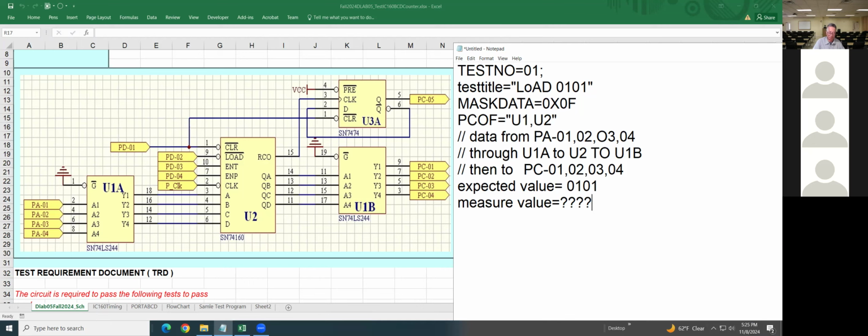Okay, now the problem is I shorted U2 pin 14 to ground.